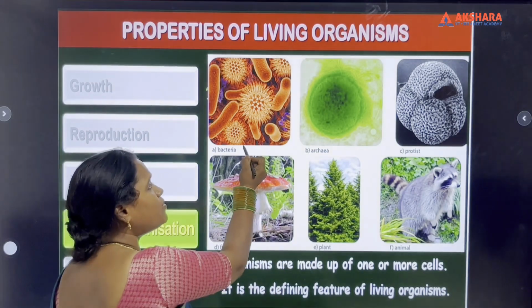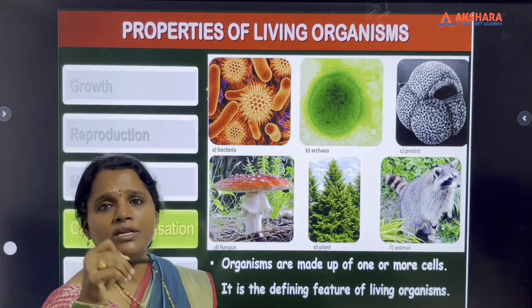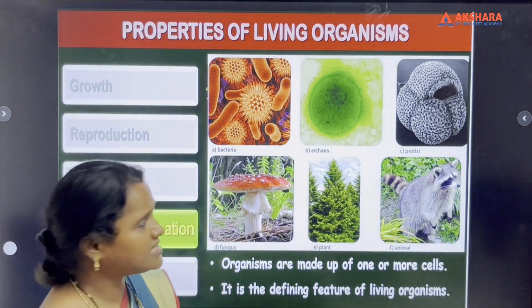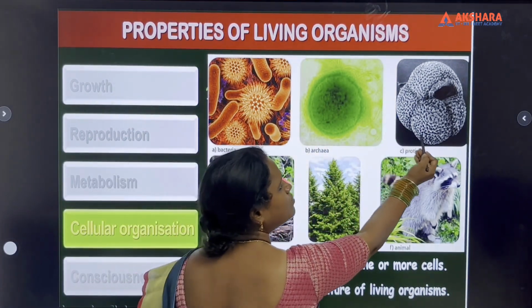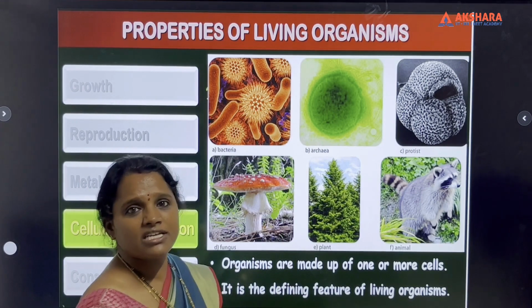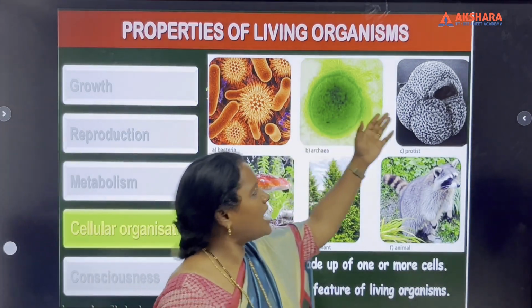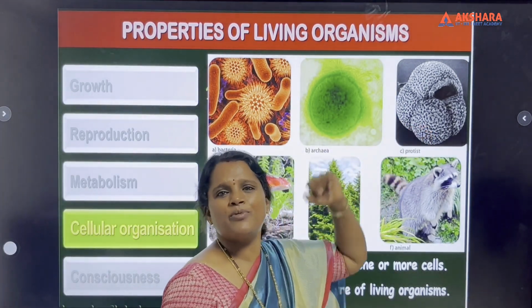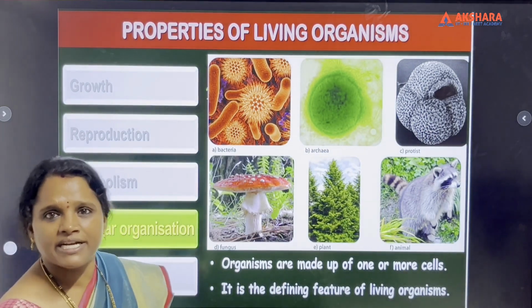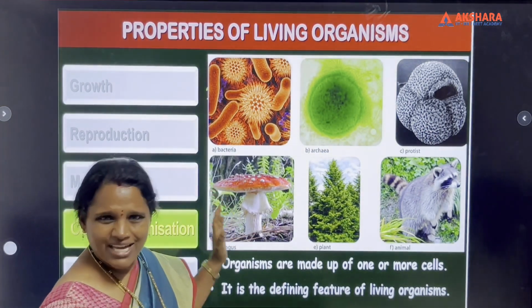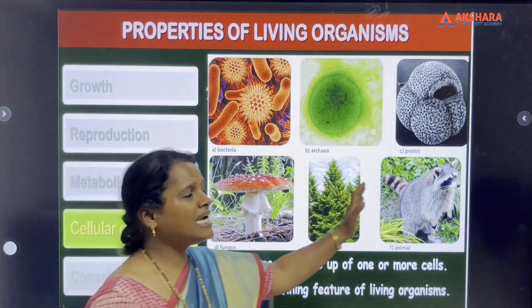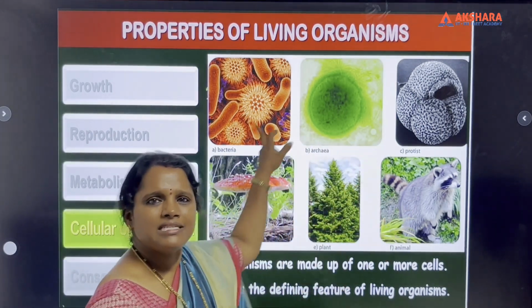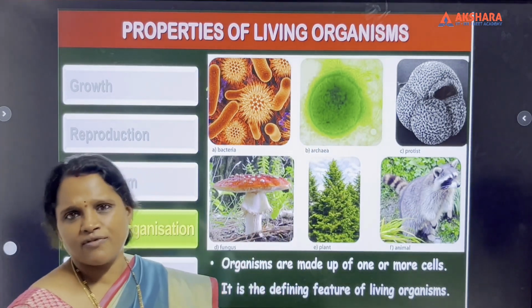Important: cyanobacteria is a unicellular organism found on the planet for the first time, and this single-celled organism developed into multicellular organisms such as archaebacteria and protozoa. Several protozoan organisms evolved into higher order organisms such as fungi, plants and animals. So all this is cellular level of organization.